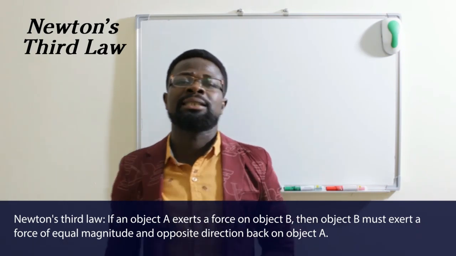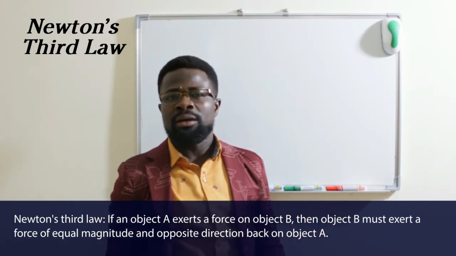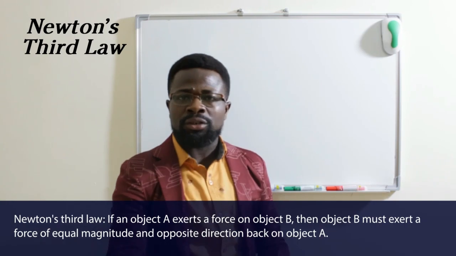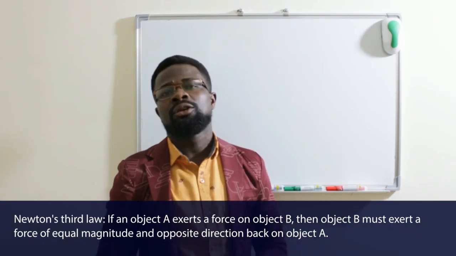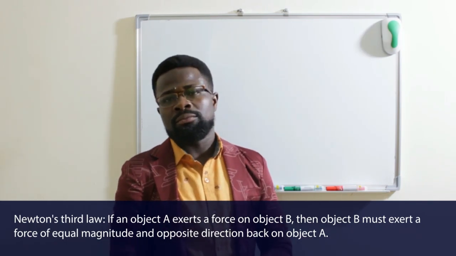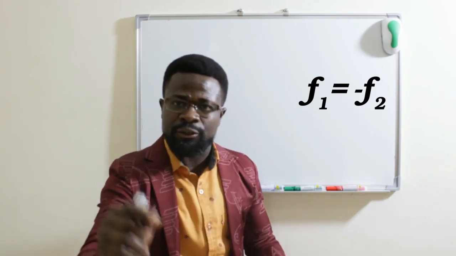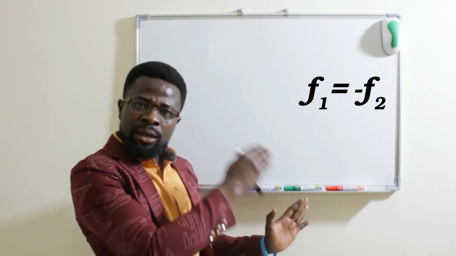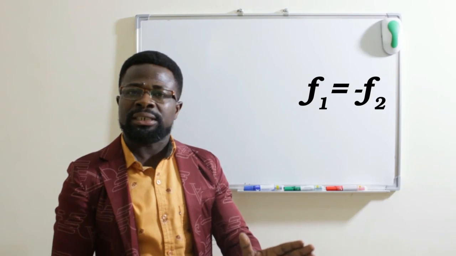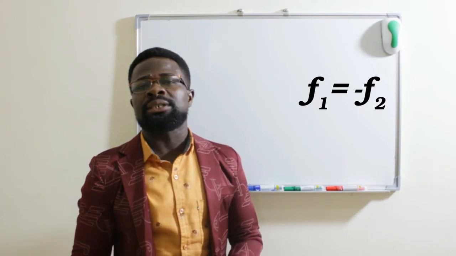It simply implies that if a body A exerts a force on a body B, B will also exert a force which is equal in magnitude but opposite in direction to the force of A. That means that F1 is equal to negative F2, where F1 is the force exerted by body A, and F2 is the force exerted by body B. They are equal in magnitude, but they are opposite in direction.